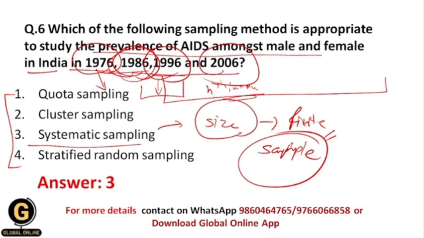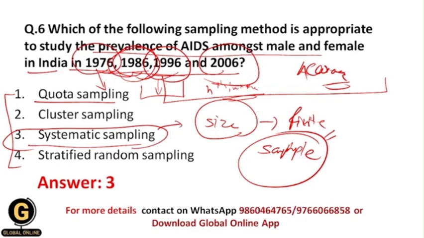That's why he will be able to target each and every year and each and every gender, and that's why the study will be more accurate, because here he is addressing the most accurate sample. That's why he can use such a sampling technique, and this sampling technique saves the time of the researcher.